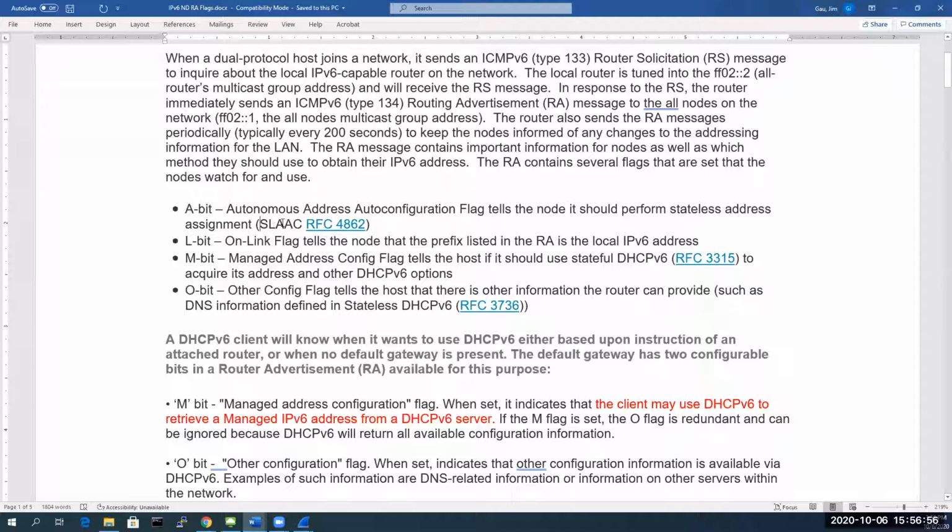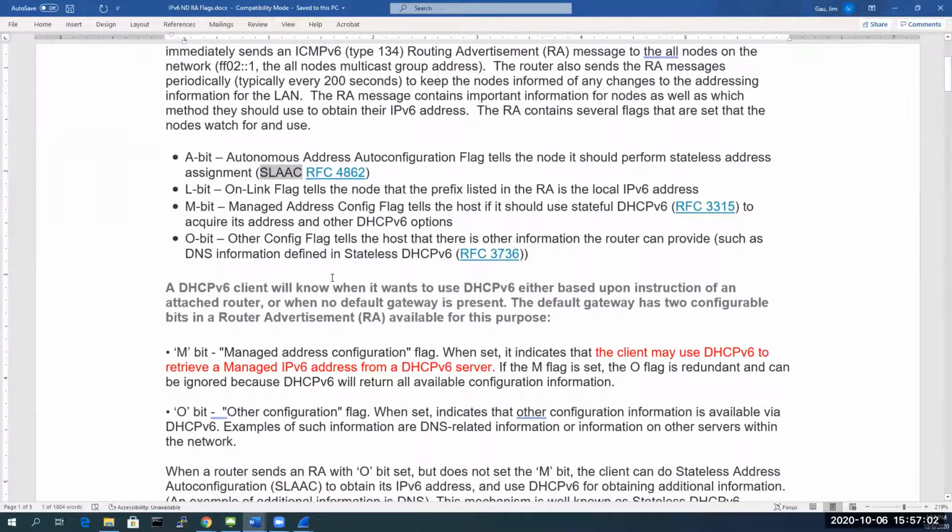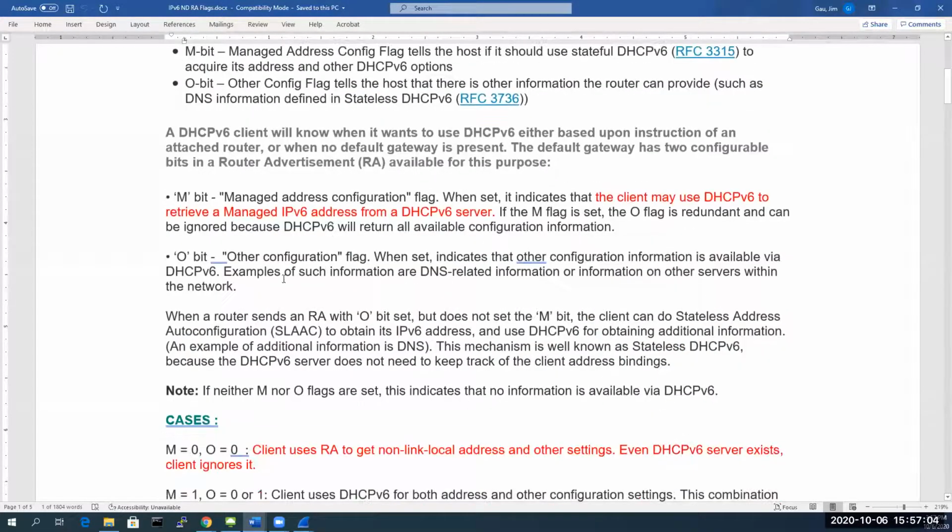So you go by yourself because either your A bit is not set or your M bit is set to 0. The important thing you are going to look at is this M bit, the management bit. If the management bit is on, the client will use DHCPv6 to get a stateful IPv6 address from a DHCP server. If it's not set, then even if you have a DHCP server, you won't get it. Even if you get it, then you cannot ping out.